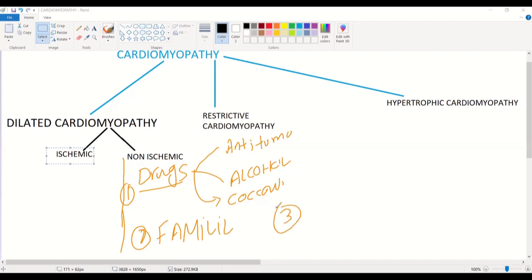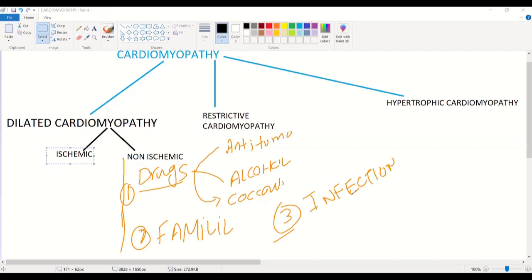Okay. Which is the most common infection that leads to the dilated cardiomyopathy? Can you name that bug? Coxsackie B virus. So the most high yield is the Coxsackie B virus infection.